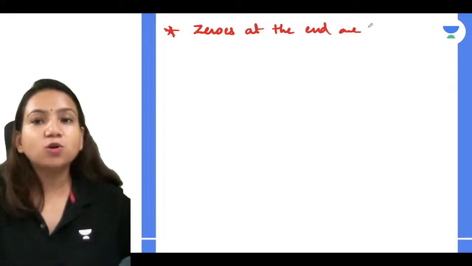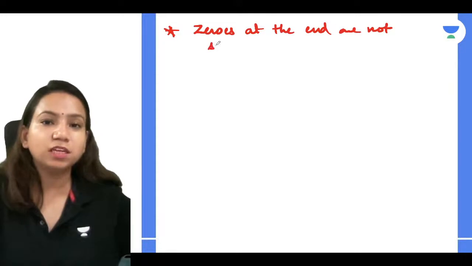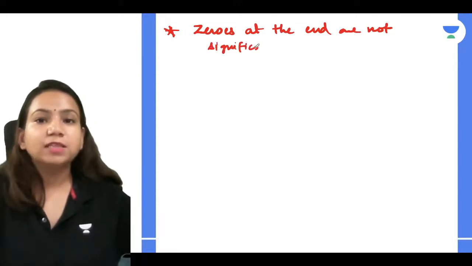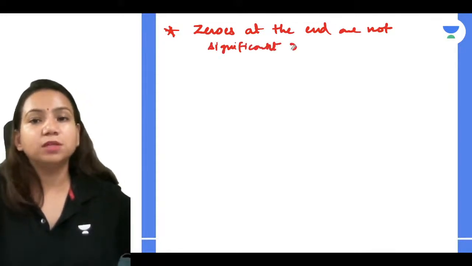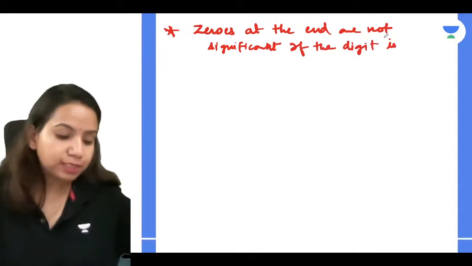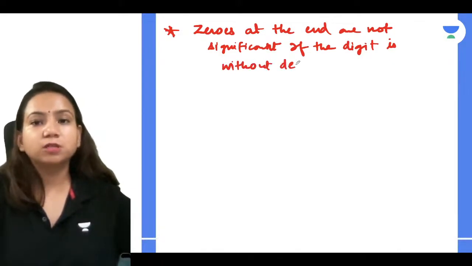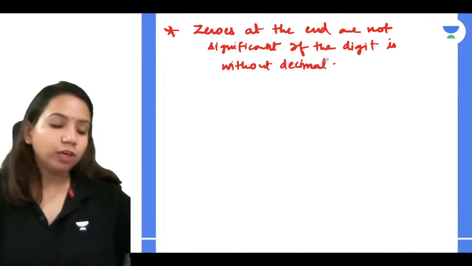Zeros at the end are not significant if the digit is without decimal. If the digit is without decimal, very important thing guys, without decimal. If we get to know this rule, everything is sorted.